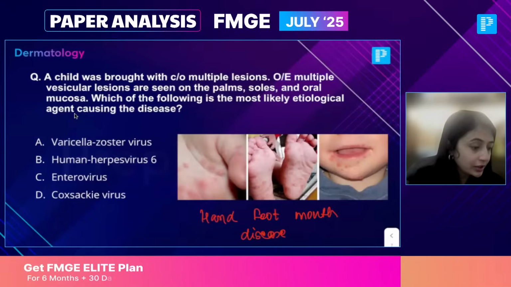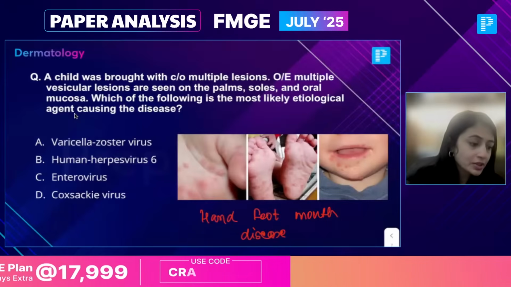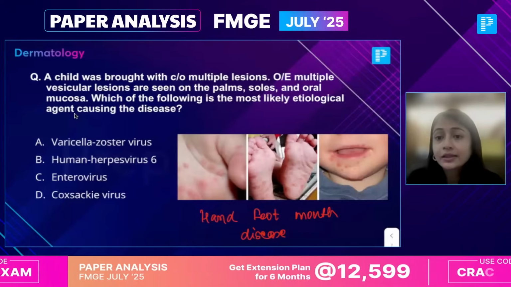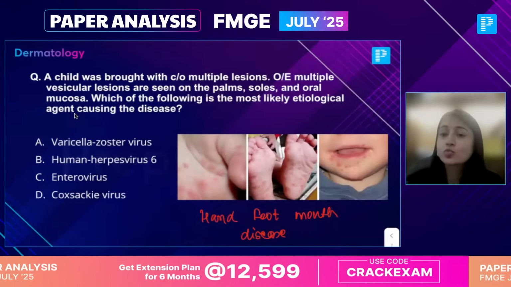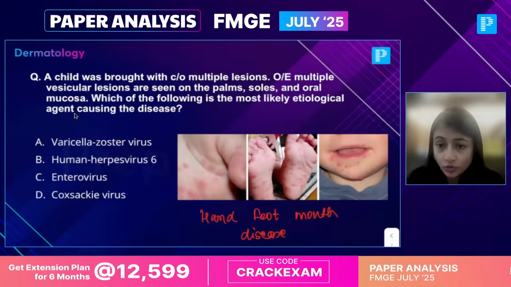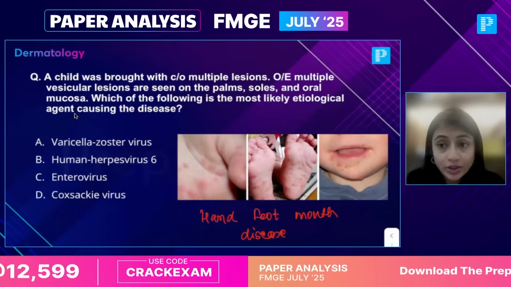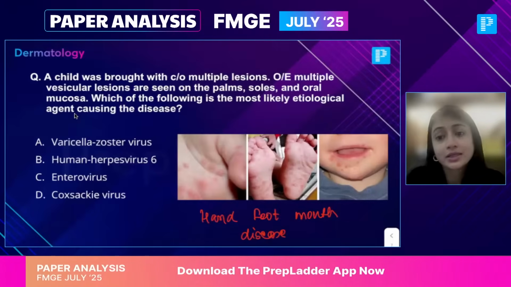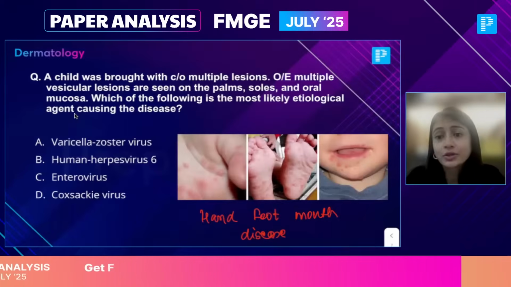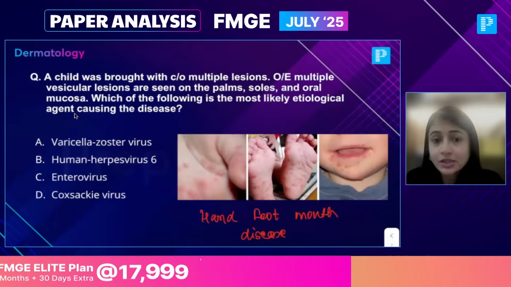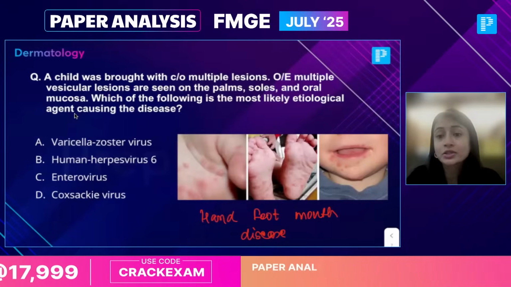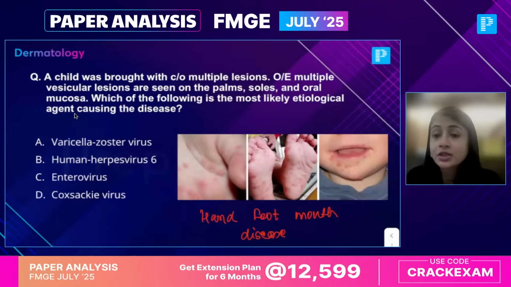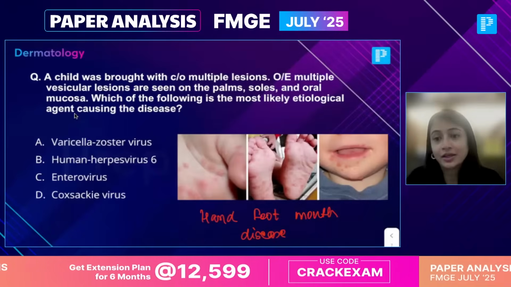They asked directly about the lepra reaction, not hypersensitivity, and the nerve was different in the other two options. So, as I said in the beginning of the lecture, this is what I've received from students like you. These are all recall questions. They may not be the exact questions, they may not be the exact options, and that is the purpose of conducting this paper analysis, because we are analyzing these questions, we are getting your feedback, and we will come back with better, more precise questions at the end of these sessions.